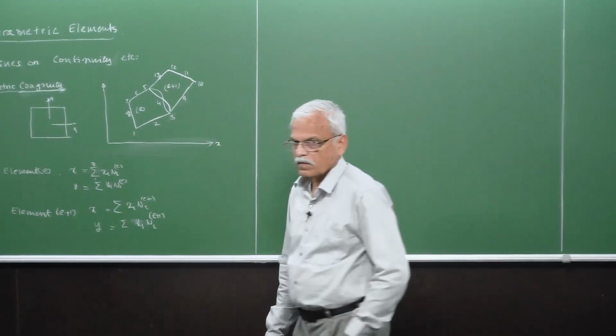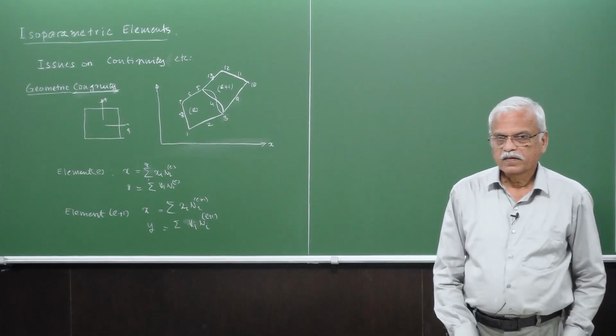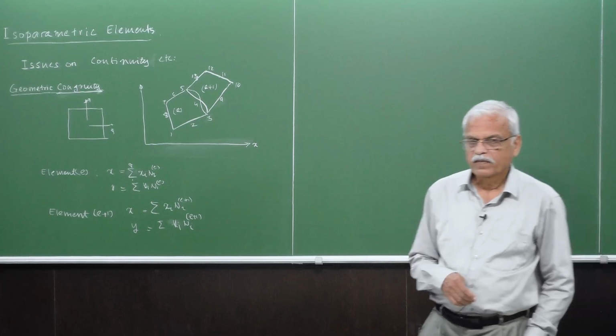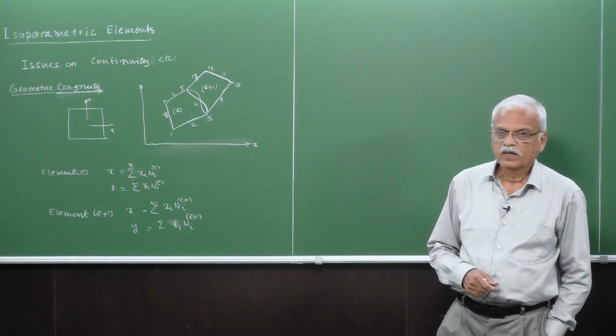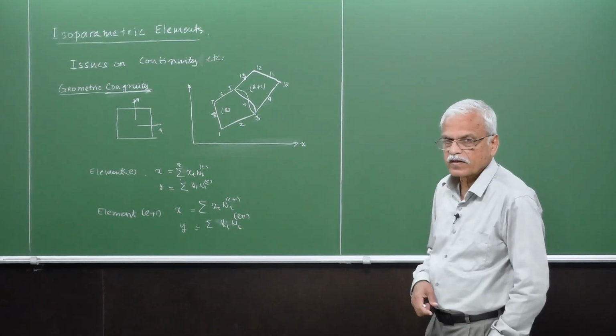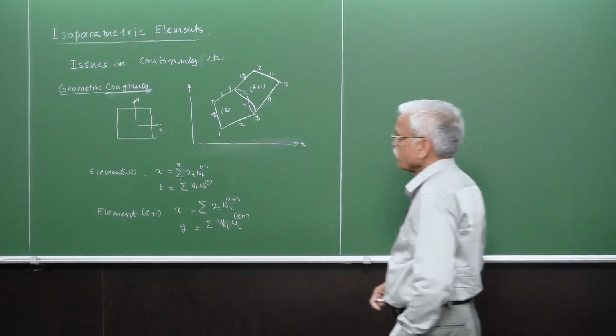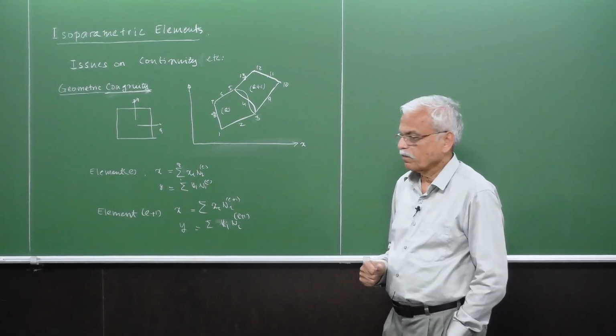We talked about the important steps in the development of finite element equations for isoparametric elements. Having discussed that, there are a few issues that need to be mentioned here. They are about the correctness of this mapping.